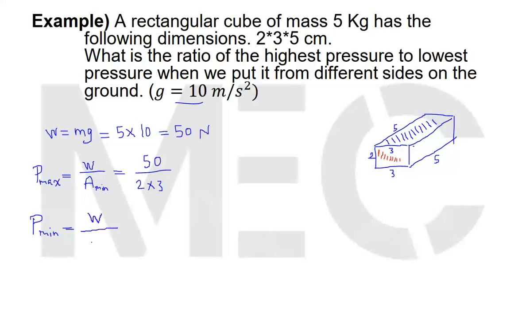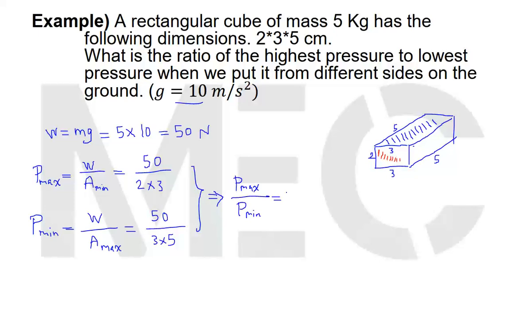The same weight, now this time over the maximum area. What is the weight? 50. What is the maximum area? 3 times 5. This is the maximum area. So now we want the ratio of the maximum pressure over the minimum pressure.